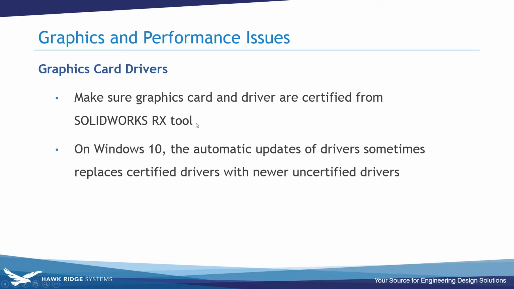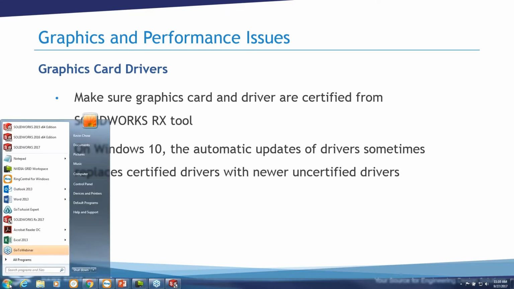And to prevent this from happening, you can actually turn off the automatic update of drivers within Windows. And I'm currently on Windows 7, but the menu options are the same. So if you go to your Start menu, then go to the Control Panel here.